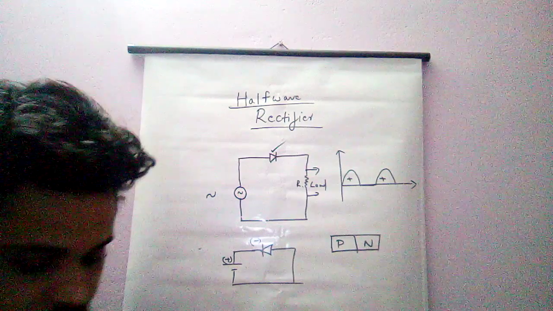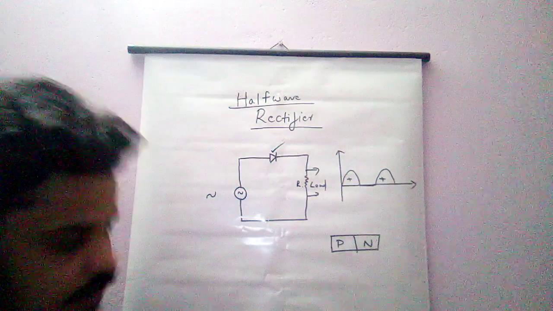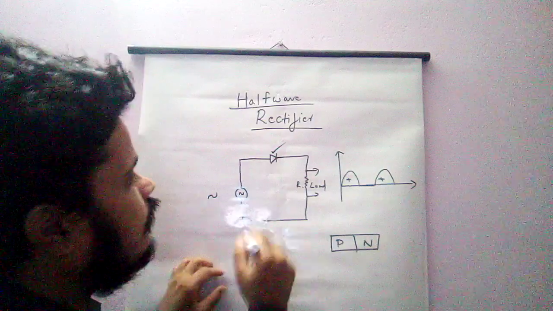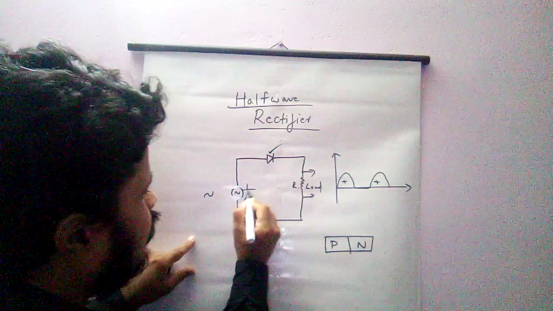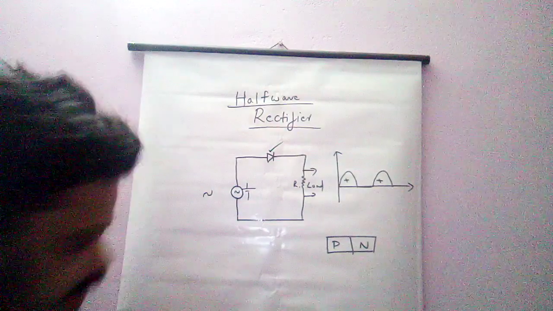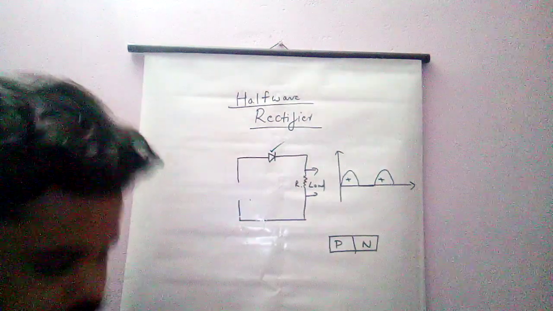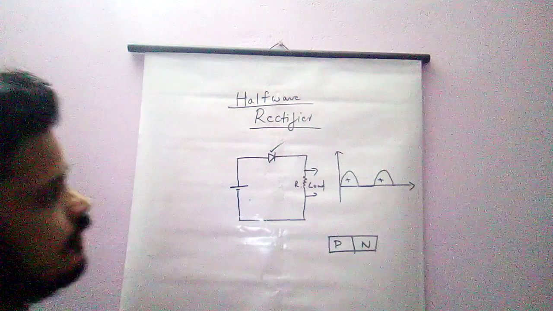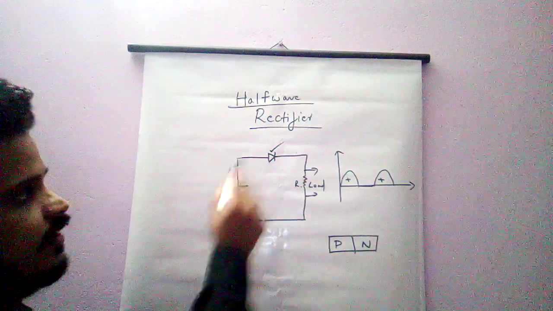Now applying this to the circuit, we can see there is an AC input, a diode and a load. As I already said, this is the forward bias condition, where positive is connected to the positive terminal.